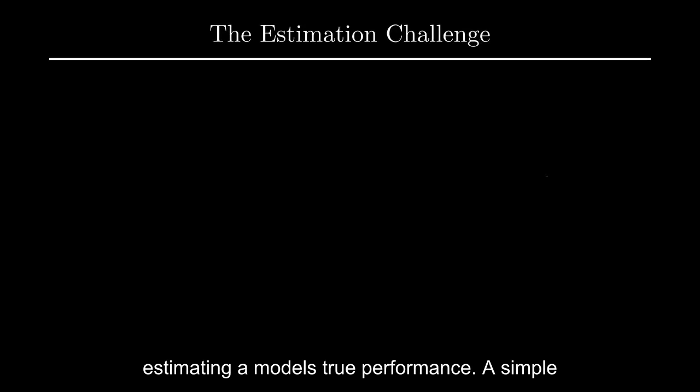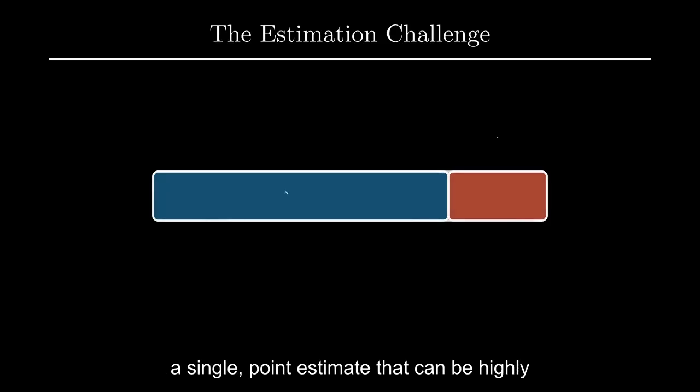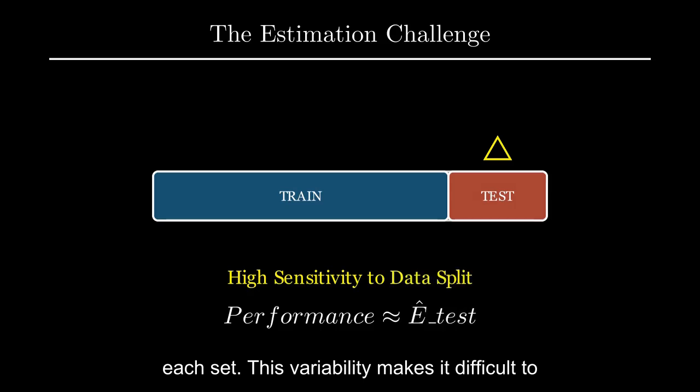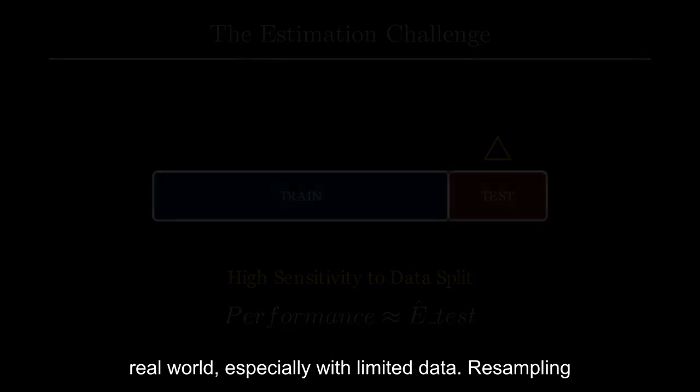The fundamental problem we face in machine learning is accurately estimating a model's true performance. A simple train-test split, while foundational, often provides a single-point estimate that can be highly sensitive to the specific data points included in each set. This variability makes it difficult to ascertain how robustly our model will behave in the real world, especially with limited data.